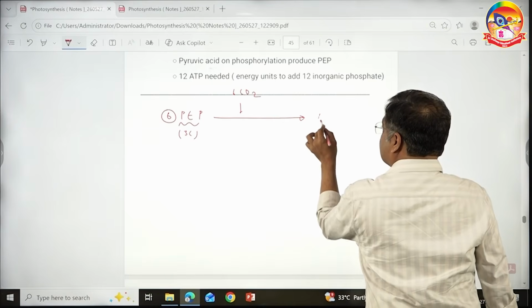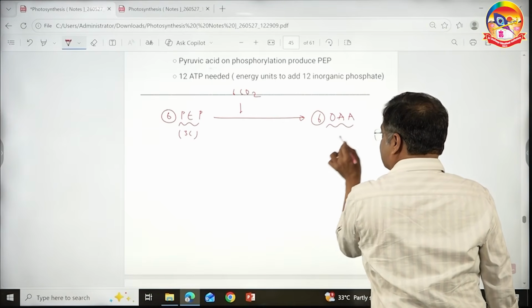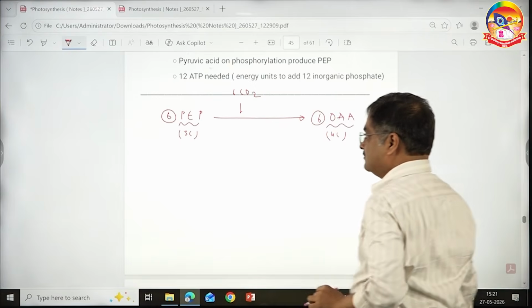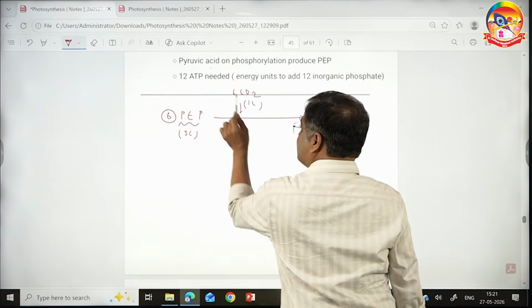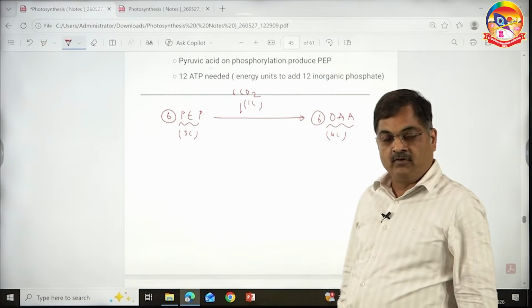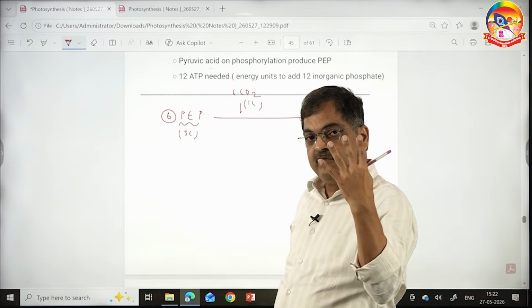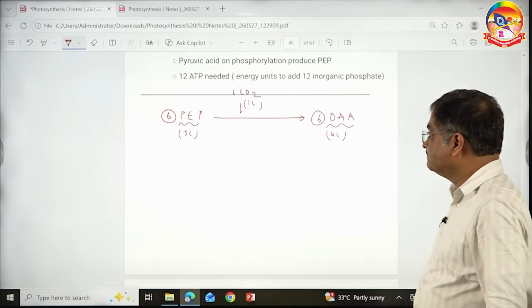Then it forms 6 molecules of oxaloacetic acid. It is a 4-carbon compound. 6 3s are 18, 1 6 is 6, 18 plus 6 is 24. 6 4s are 24. The first stable product is a 4-carbon compound. That is the reason it is called the C4 cycle.